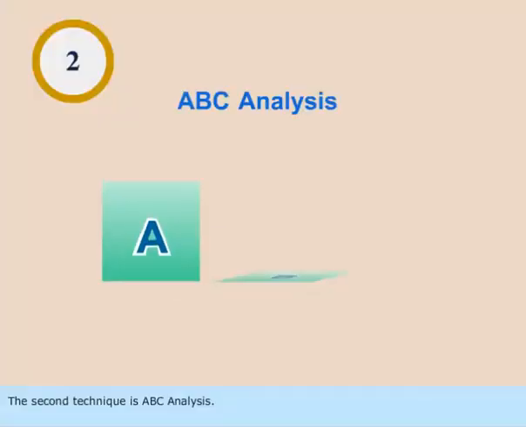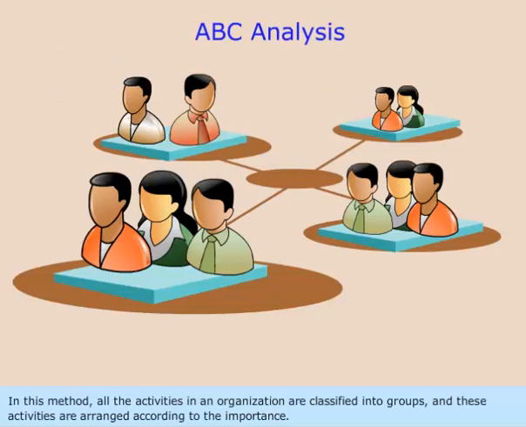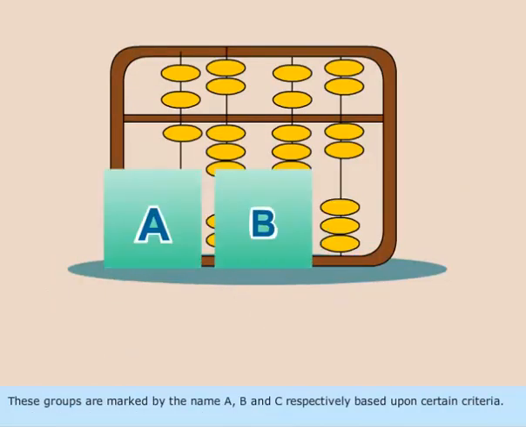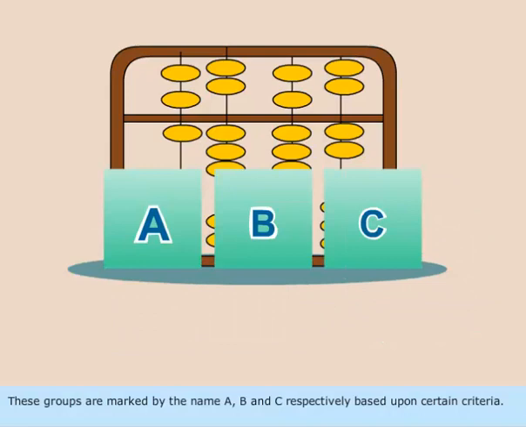The second technique is ABC analysis. In this method, all the activities in an organization are classified into groups, and these activities are arranged according to the importance. These groups are marked by the names A, B, and C respectively, based upon certain criteria.